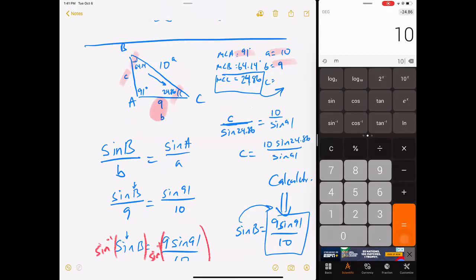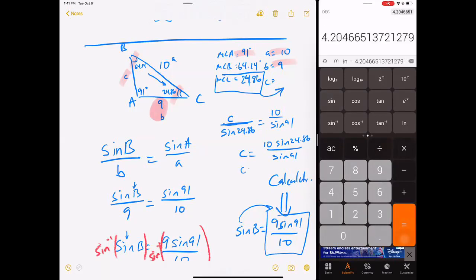10 times 24.86 equals, whoops, I didn't sine it. 10 times sine of 24.86, divide that by sine of 91, equals.